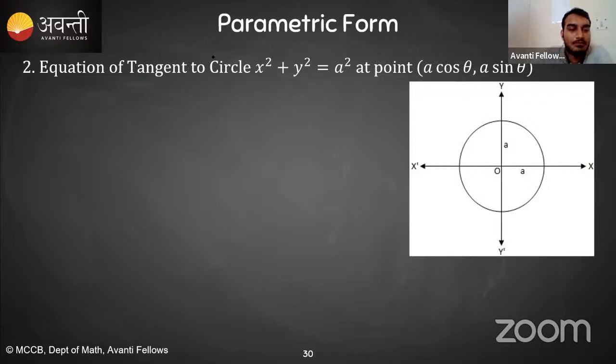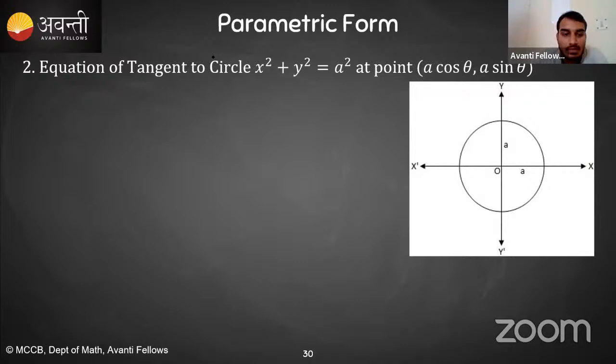The point a cos theta, a sin theta is lying on the circle, yes or no? So using transformations, we can directly say the equation of tangent can be written as follows. x square को replace कर दो x x1 से, so x into x1.